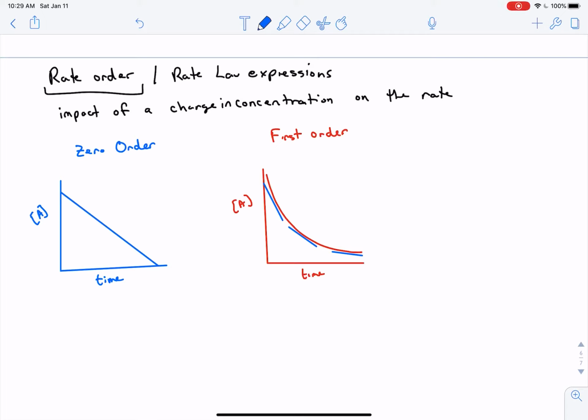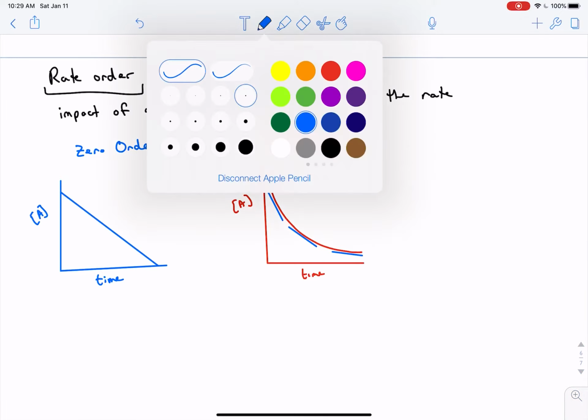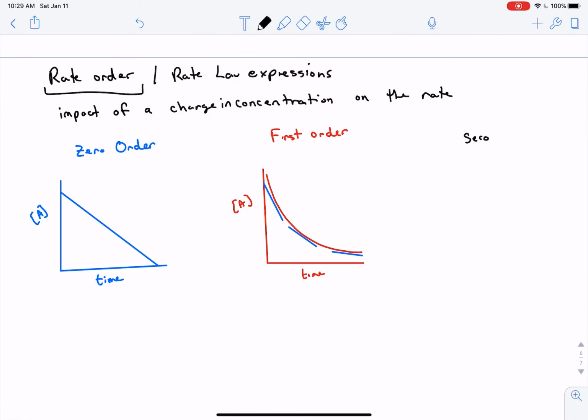So in this scenario, whatever factor I change A by, that changes the factor of the rate. And we'll kind of see that in a graph in a second. A second order reaction means that if I change the concentration, I actually change the rate of reaction by an exponent of 2.